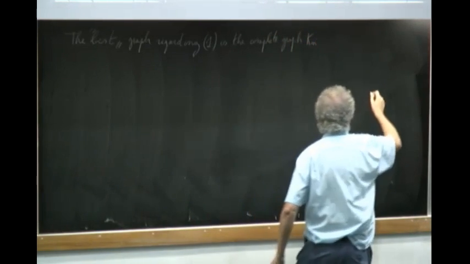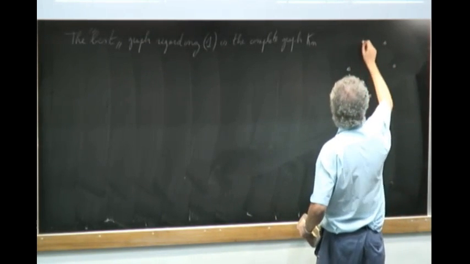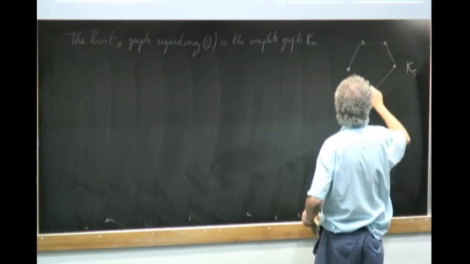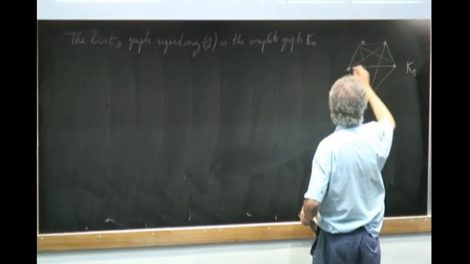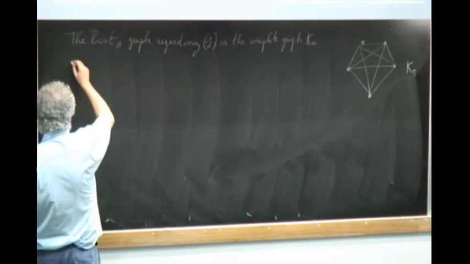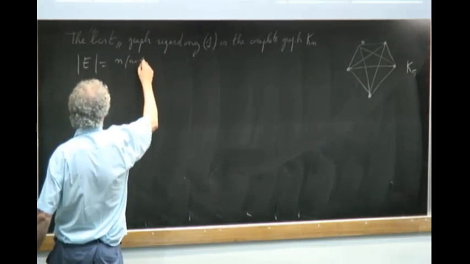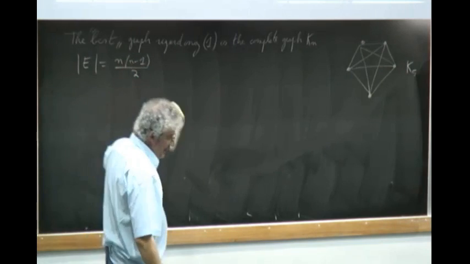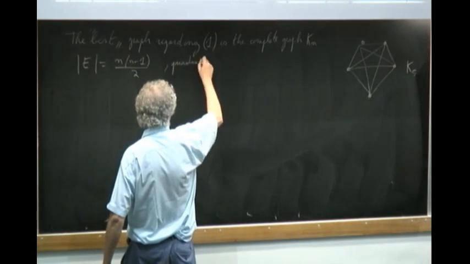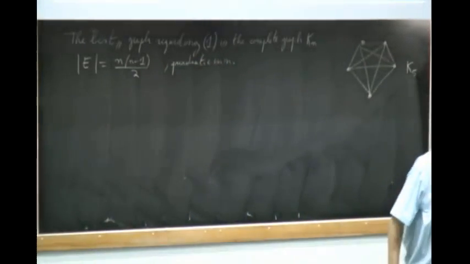Here's a drawing of K5. And you see that the number of edges here is n(n-1)/2, so n choose 2, and what you observe is that this is quadratic in n. So this quickly becomes expensive.